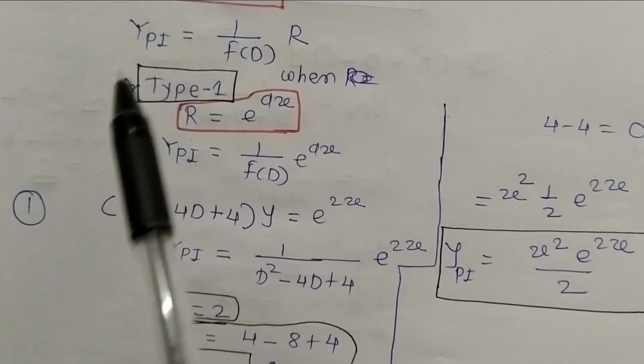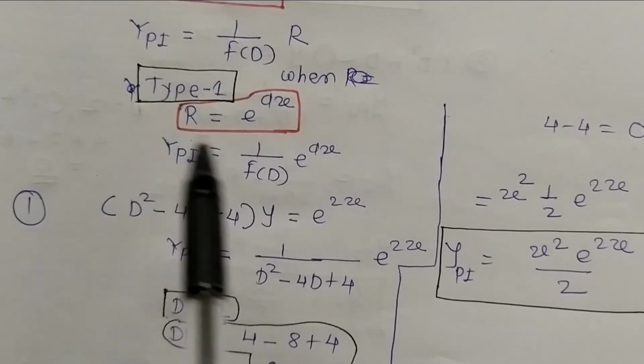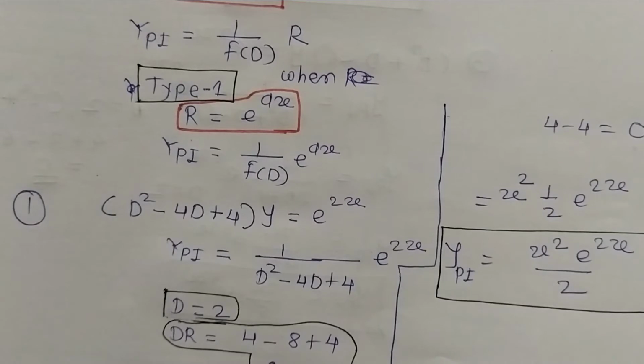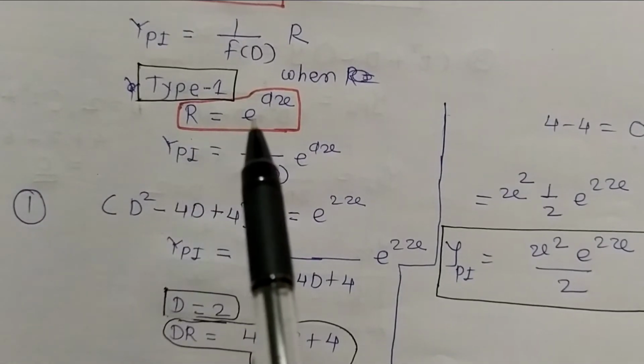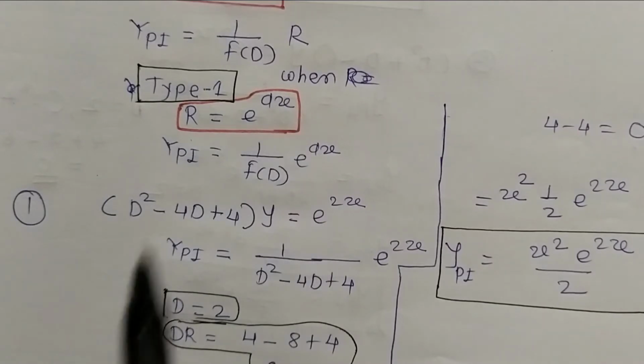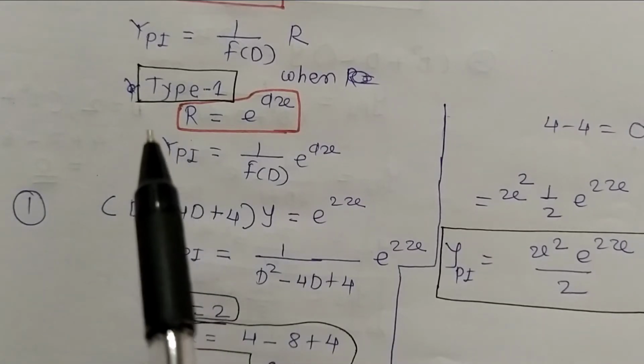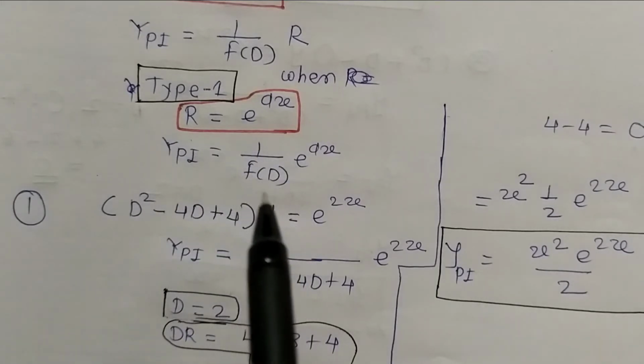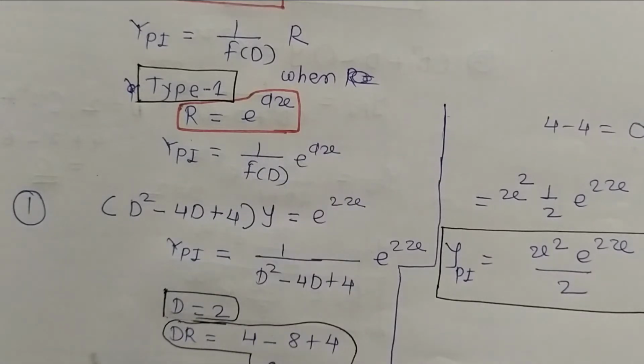So here are some cases or some types of such a particular integral. Case first is when r is equal to e raised to ax. Then the solution of this is equal to 1 upon f of D into e raised to ax.